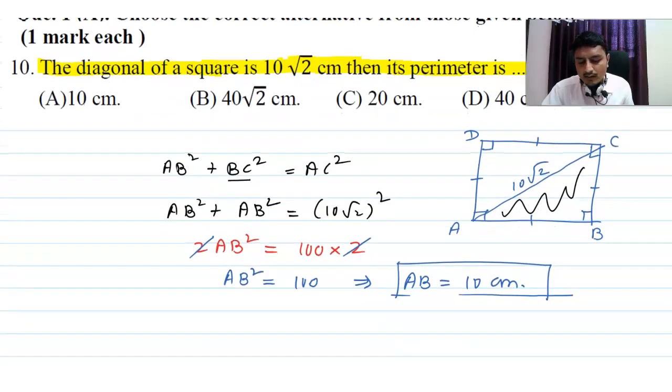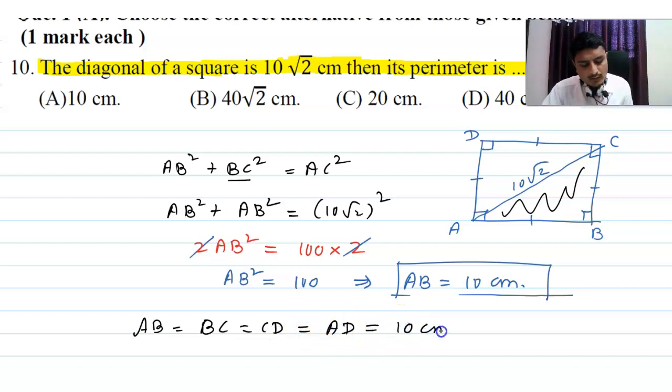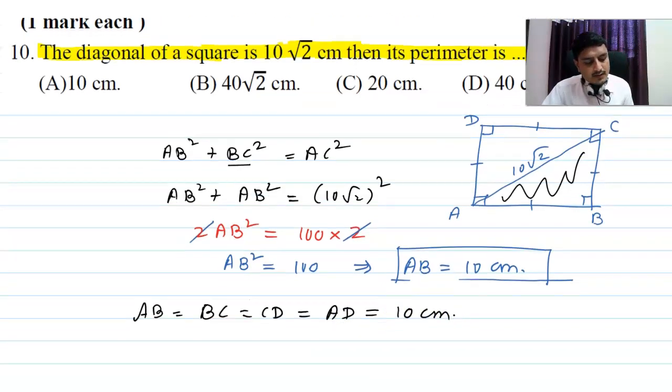Now the given quadrilateral is a square, so AB equals BC equals CD equals AD, all equal to 10 centimeter, because in a square all sides are the same, or we can say congruent.